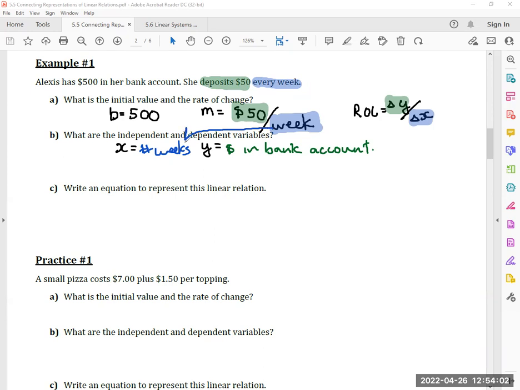So that's down here, that's the X, and that's here, that's the Y. So let's do this. The rate of change is always y over x.